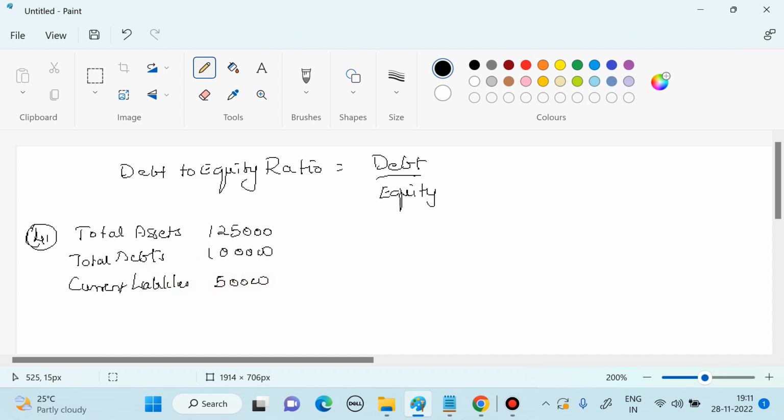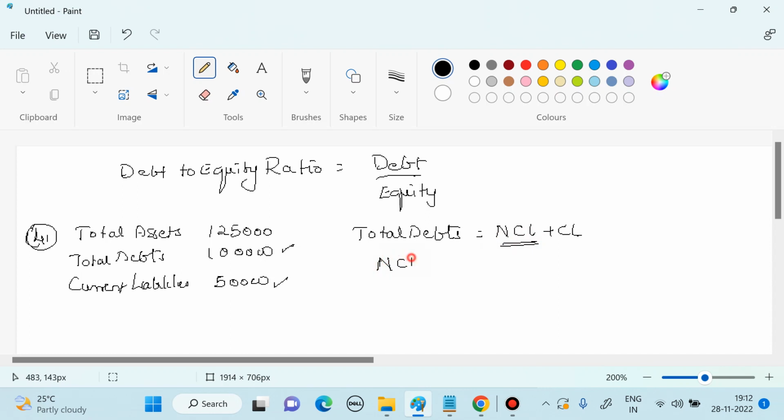Now, in this formula, what is debt I told you? The long-term borrowings and provisions. So, we have total debts given here and current liabilities given here. What is total debts? Total debts is nothing but the non-current liability plus the current liability, both the long-term and the short-term together. So, we have to find out this particular amount, which would be the numerator.